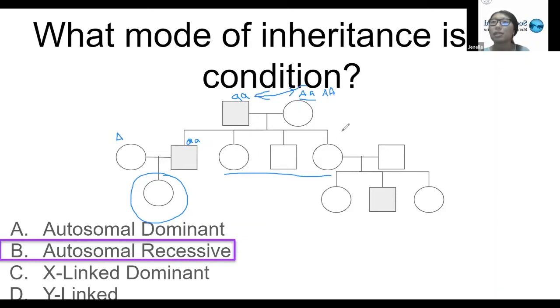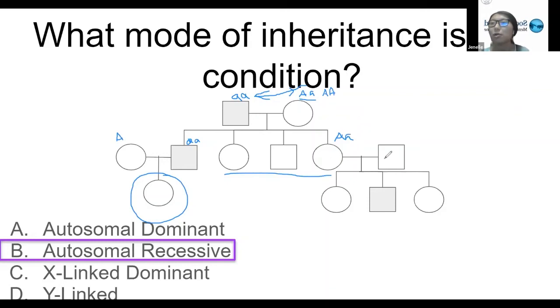And then in the event that this is a normal child coming from this cross, that normal child is going to have to be a heterozygote, because this child is normal. So that means that somehow she's getting a dominant trait from the mom because the mom is normal. And then the other allele has to be a little a allele for that recessive trait.